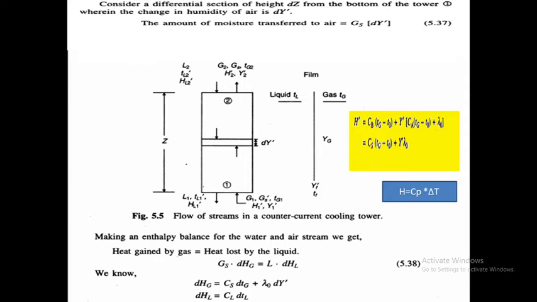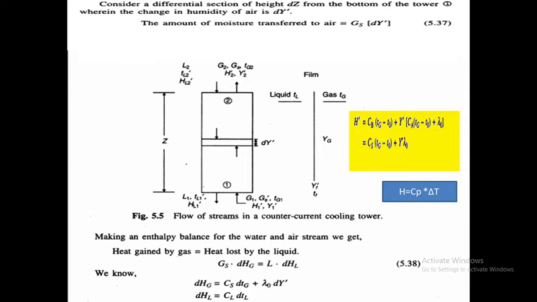Okay. So the enthalpy balance for the air water system. The heat gained by the gas is equal to the heat lost by the liquid. So here heat gained by the gas is equal to gas flow rate into enthalpy change at gaseous condition.